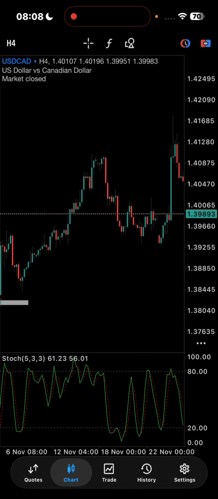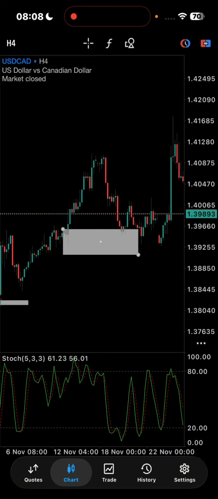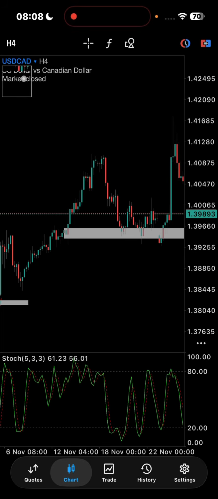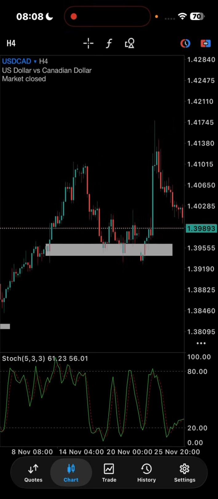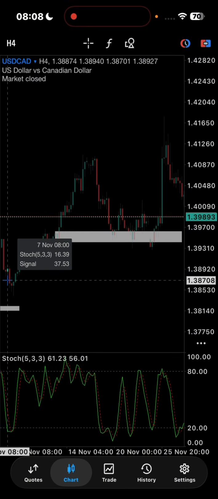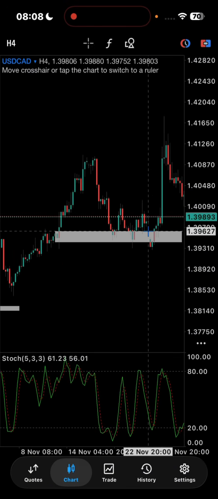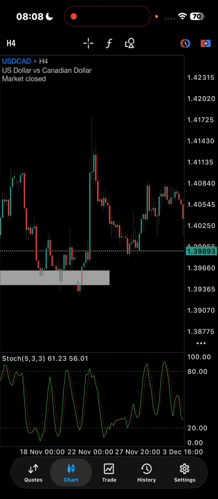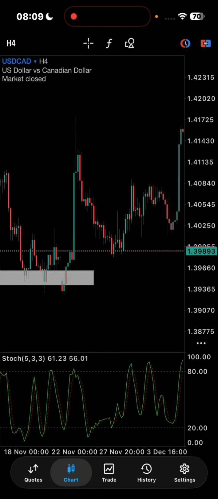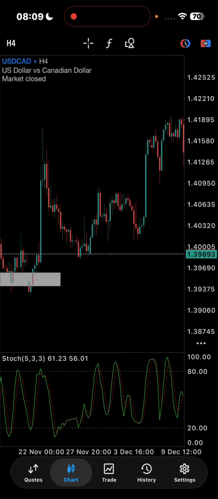I understand that the market reacted to this demand area here, and then it just started going to the upside. But most times it doesn't work. We will have to wait for it to come down here before we enter our buy. But since it worked on this, congratulations. But that is not what we are looking for.